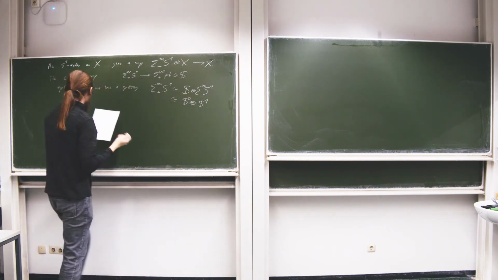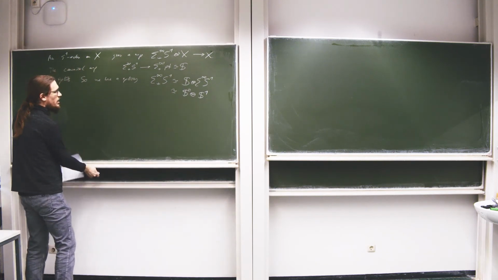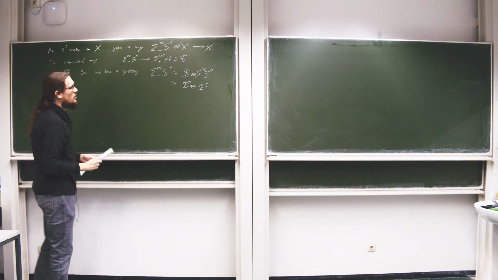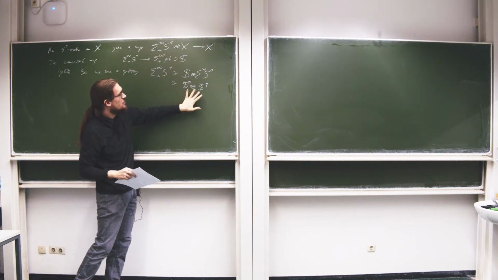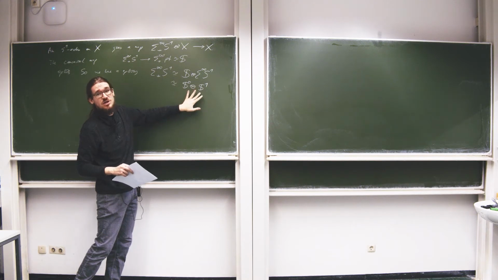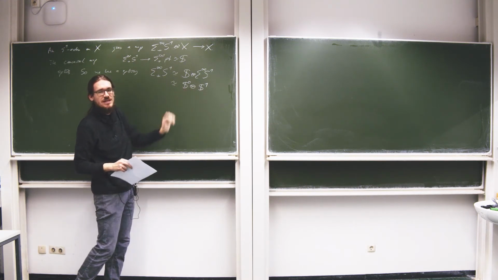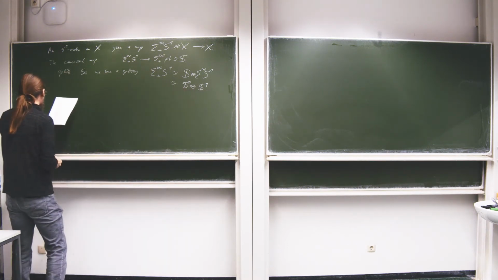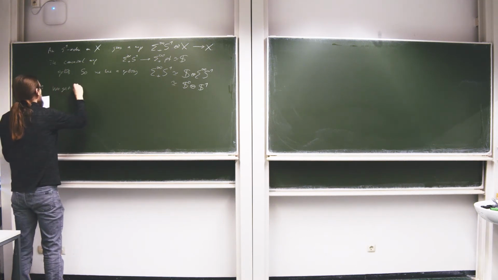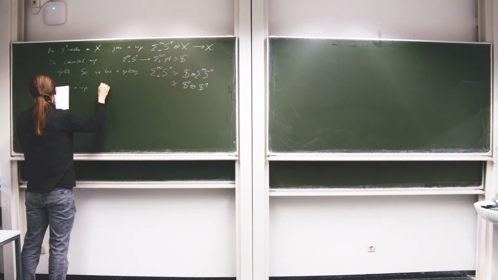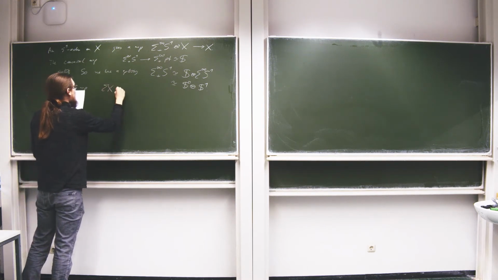And in particular, we can ask, under this action, how does the generator of this guy, the corresponding element in π1, act? And what do we get? Well, we get a map from ΣX, right?